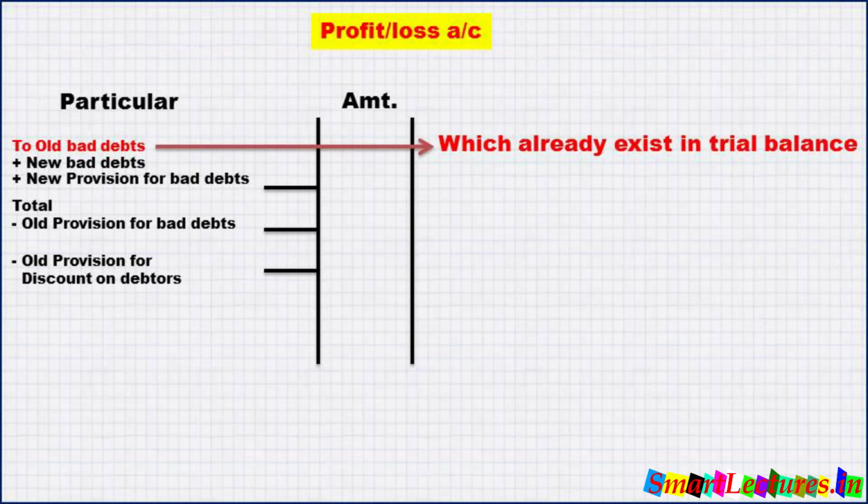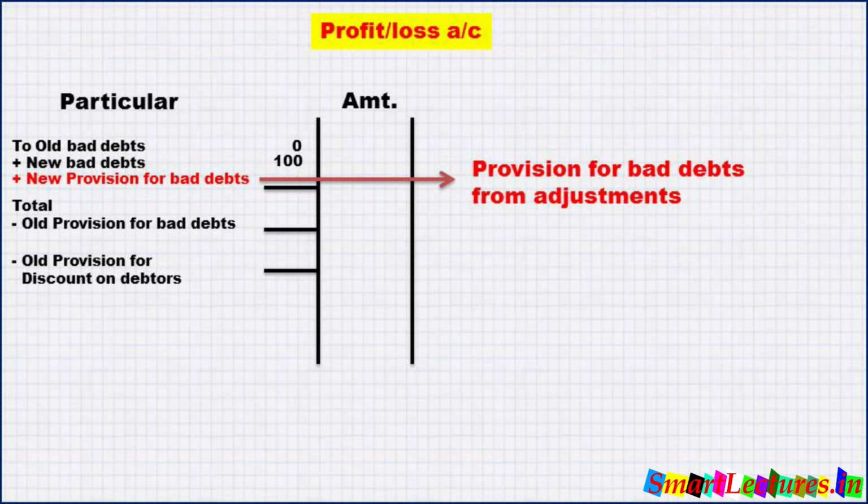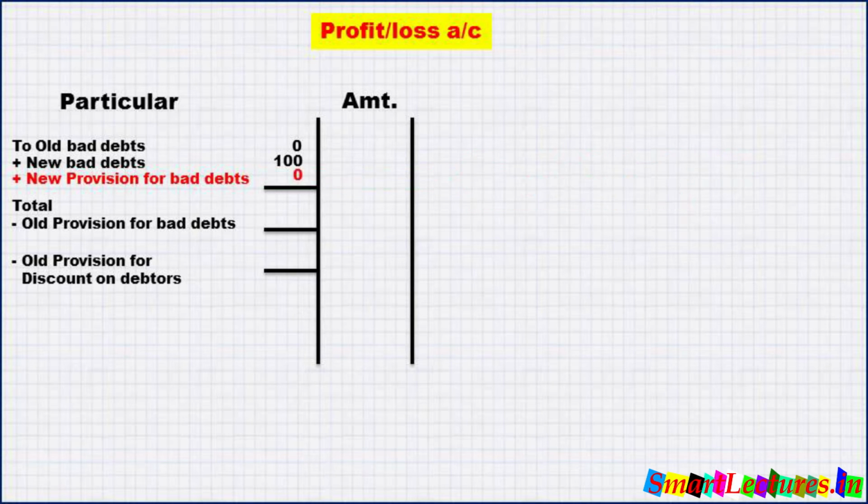So old bad debts means the bad debts which are already in the trial balance. In the trial balance there were no bad debts. So old bad debts 0, new bad debts will be 100. This has been taken from the adjustments, plus new provision for bad debts. New provision for bad debts means the provision for bad debts from the adjustments. In adjustments there is no provision for bad debts.